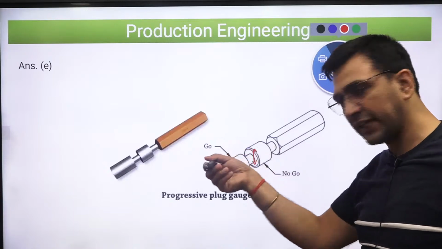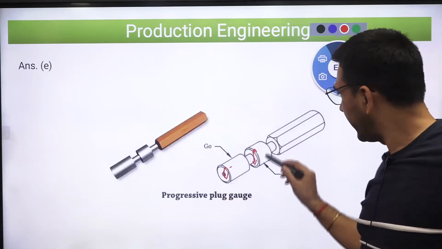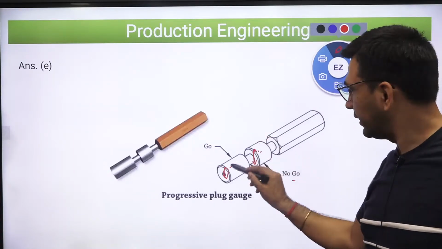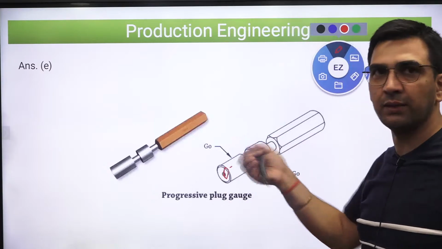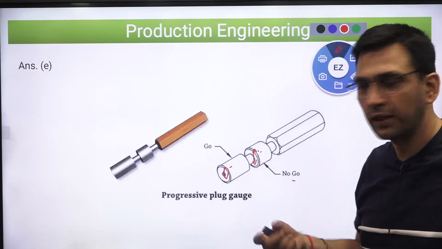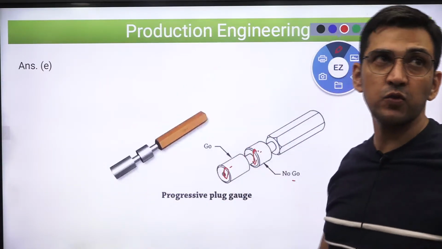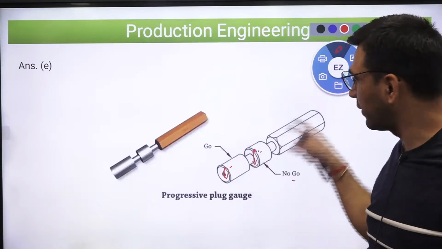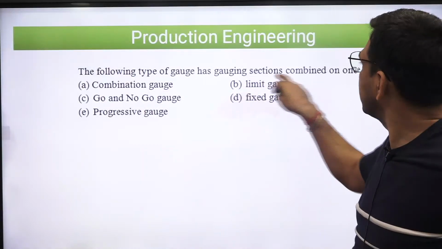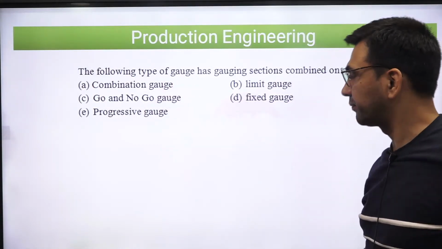So if it goes inside the hole, it will show that this is above the minimum limit, and if it does not go, the no go gauge, if it does not go in, this one inserts but this one does not insert, it means it is below the maximum limit. So I will say that it is within those limits and therefore the part is okay. So at one time you will know, when you insert from one end, whether that part is okay or not, whether the hole that you have made is okay or not. So this we call progressive gauges. So you must have combination gauges or progressive gauges. Clear?